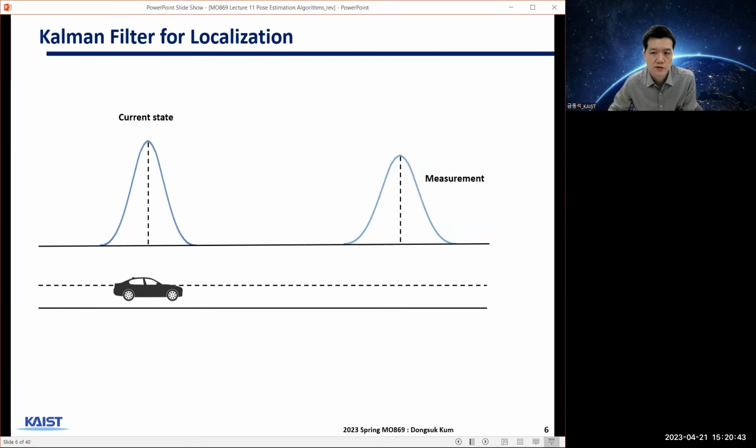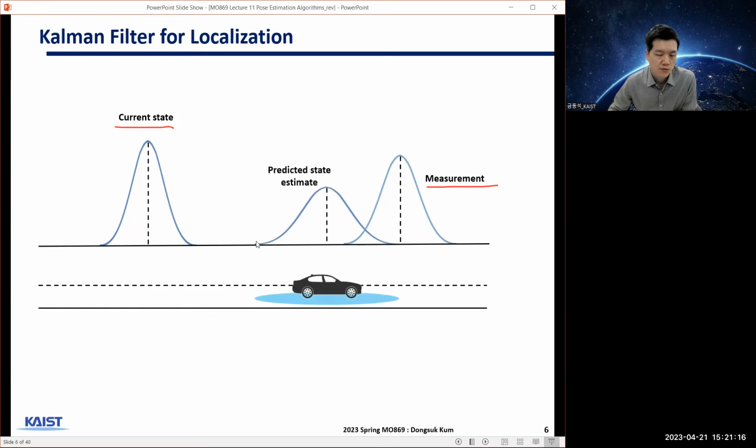So let's take a look at the slide, which visualizes how Kalman filter is operated for a localization problem. So we know current state, and we have measurements, and we predict next step, which is somewhere here.